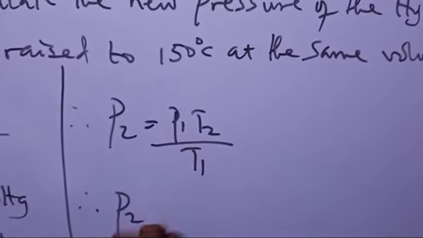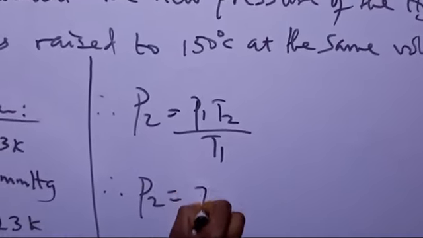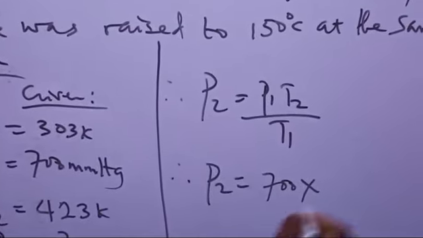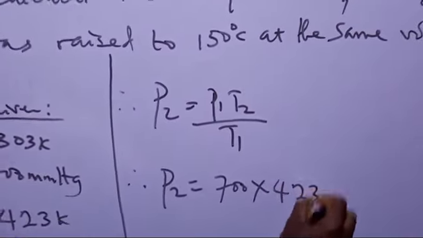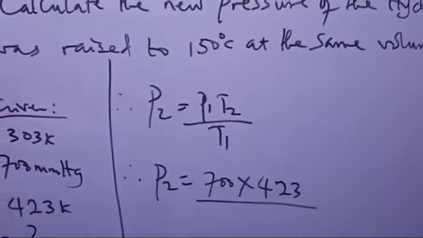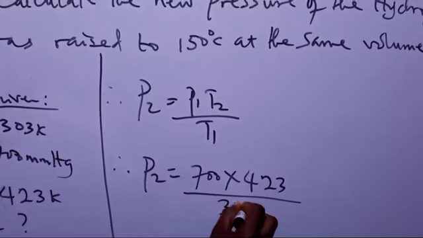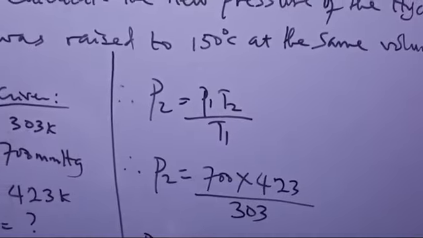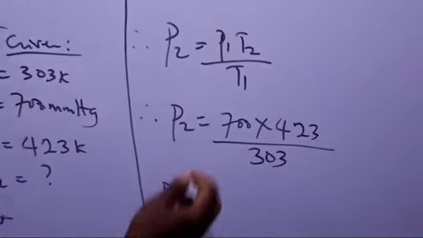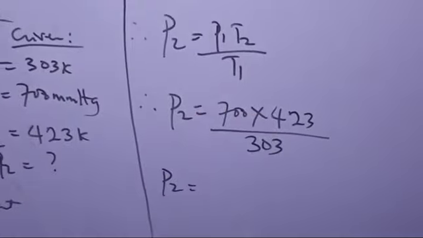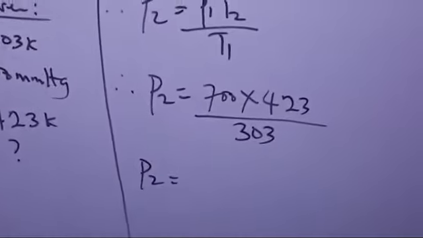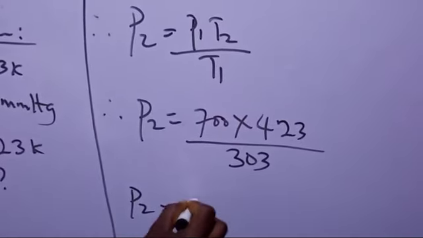Putting the values, P2 equals the value of P1, which was 700, multiplied by the value of T2, which is 423, divided by the value of T1, which is 303. Just that easy.